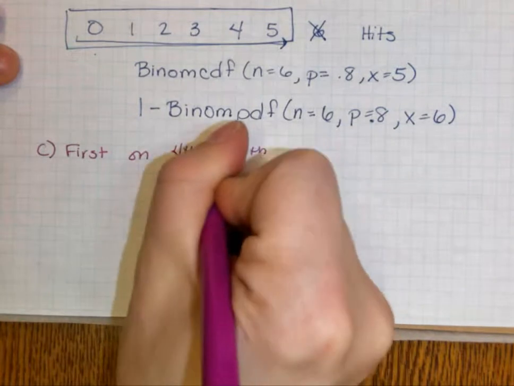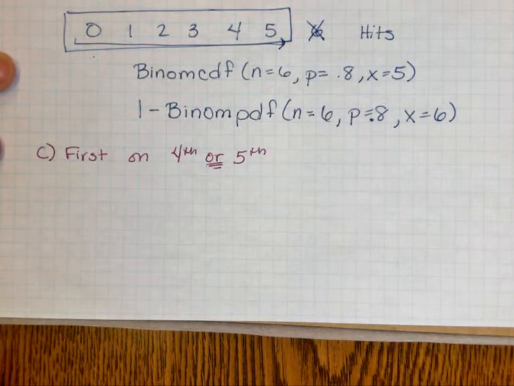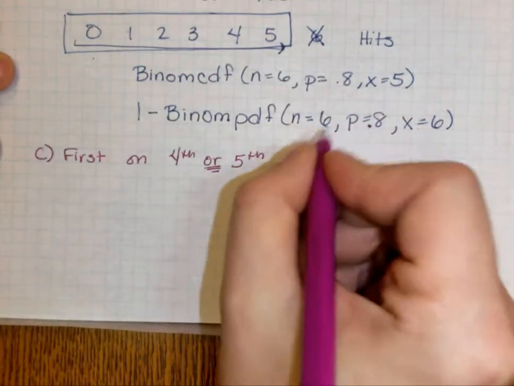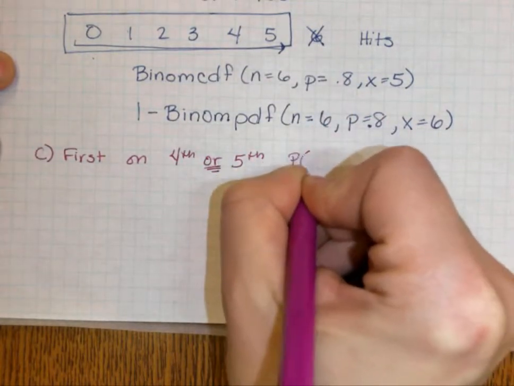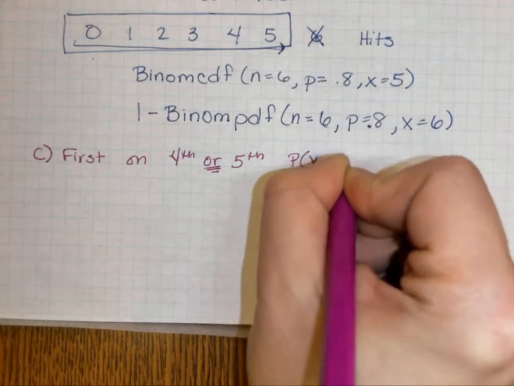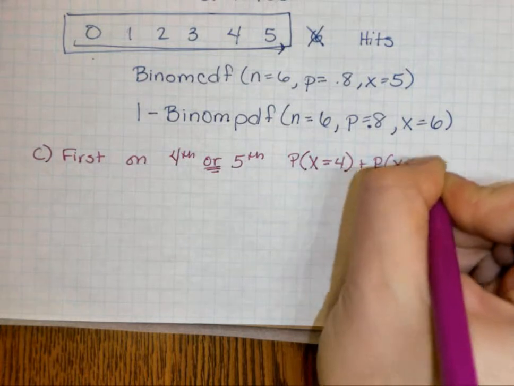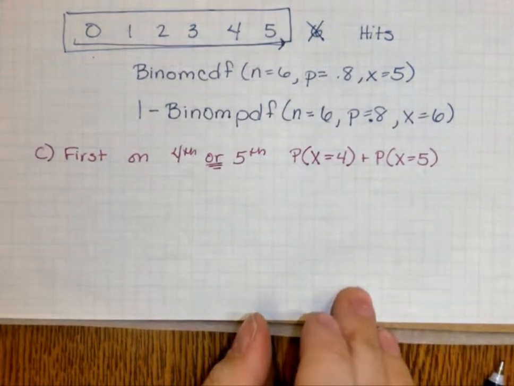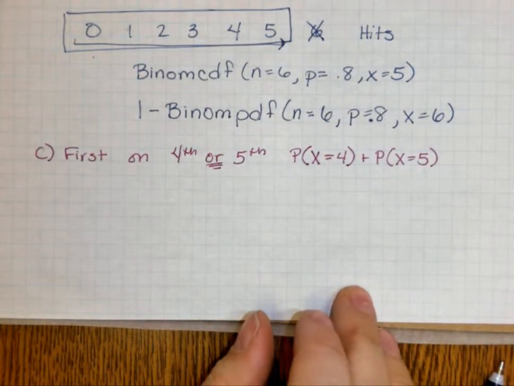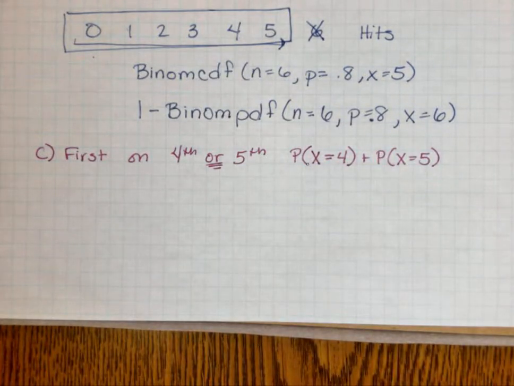In probability, what does or generally mean to do? Add. So I'm going to find the probability. We're again talking about the first. So I'm going to use X equals 4 plus the probability X equals 5. Is this geometric or binomial?